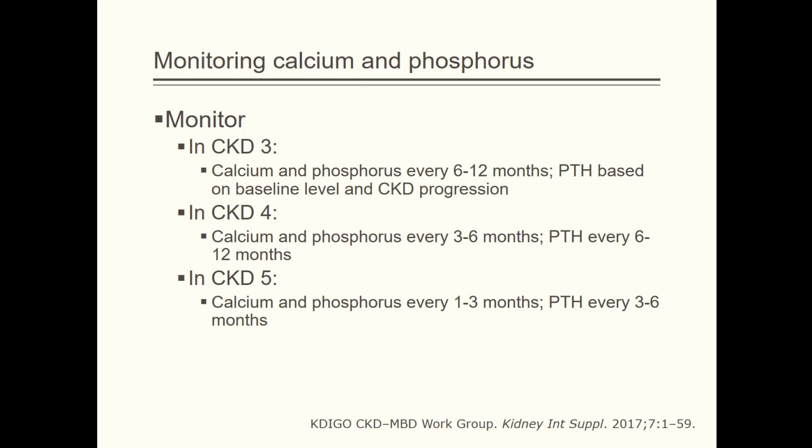In CKD5 patients, they recommended monitoring calcium and phosphorus every 1 to 3 months, PTH every 3 to 6 months. Approach to monitoring may vary from facility to facility. So our hemodialysis clinic measures calcium and phosphorus every month, and they measure PTH every 3 months.